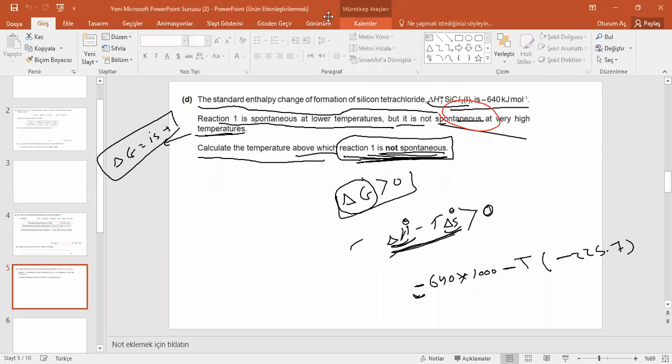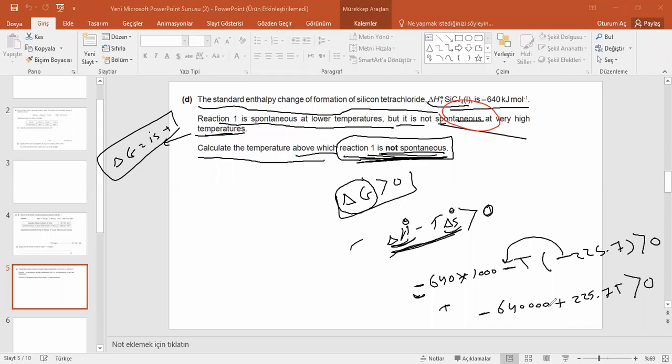What we are supposed to do now is just calculations. This will be minus 640,000. This minus will be multiplied by this minus, it will be plus 225.7 T. This is larger than 0. Here as well, we have larger than 0. So we add this number to both sides.